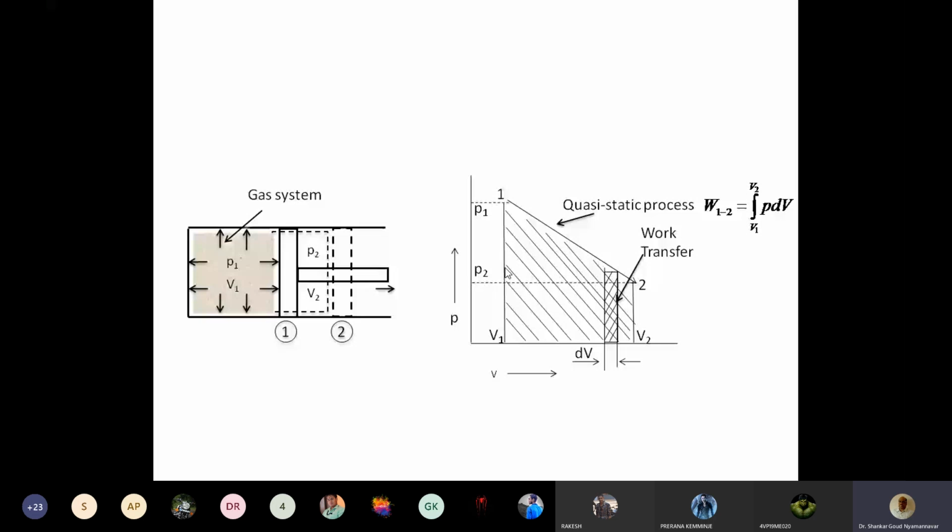So at the end you will get 1 by 2 into V2 minus V1 into bracket P2 plus P1. It will be very easy to calculate. Do this.